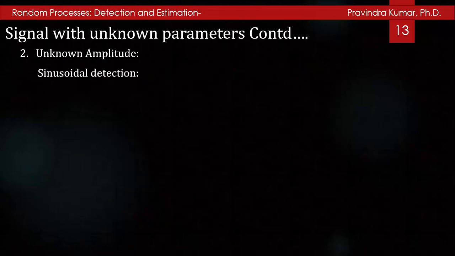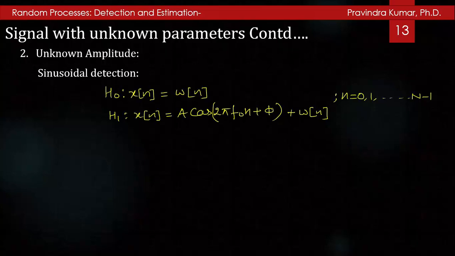Now the sinusoidal detection. The detection of a sinusoid in white Gaussian noise is a common problem in many fields like radar, sonar, and communication systems. So let the two hypotheses be: H0 corresponds to x[n] equal to w[n], where w[n] is the noise. So under hypothesis H0 there is only noise, and under hypothesis H1, x[n] is A cos(2π f0 n + φ) plus w[n].